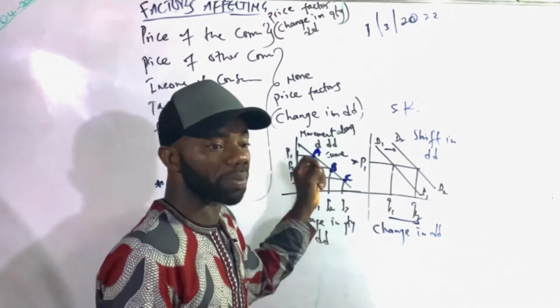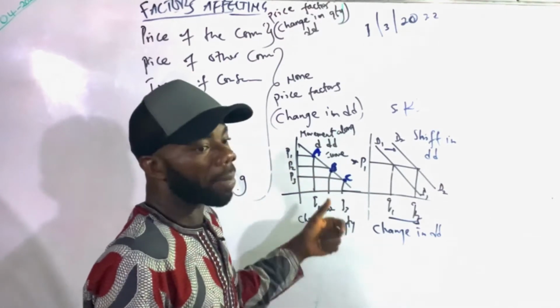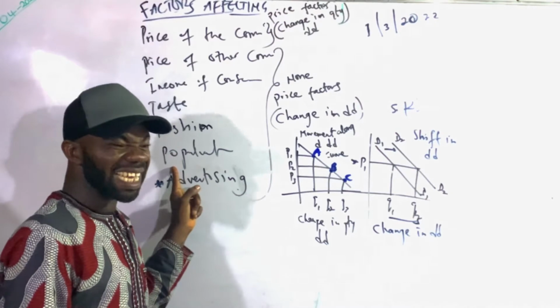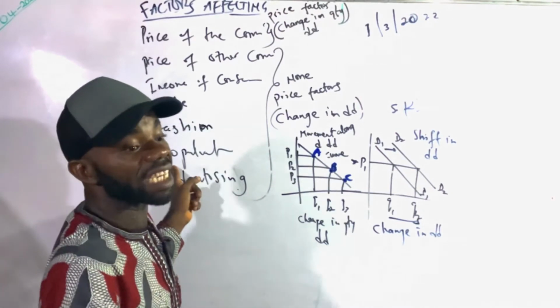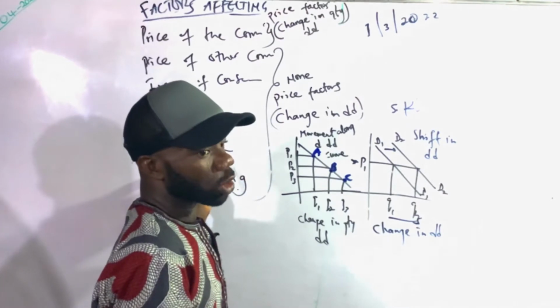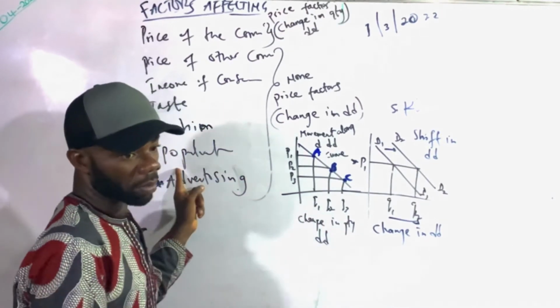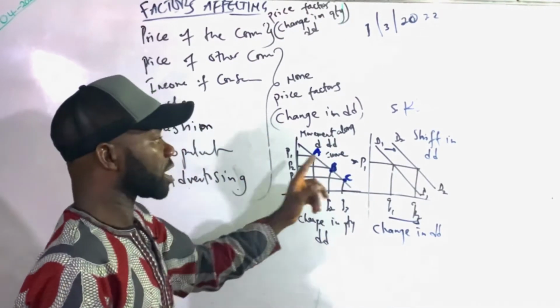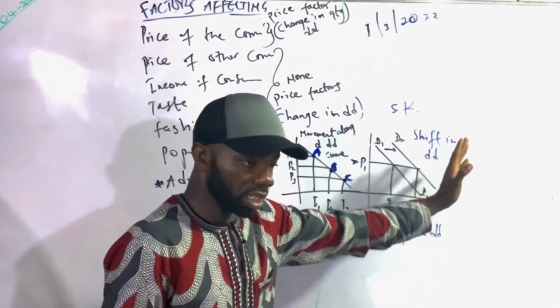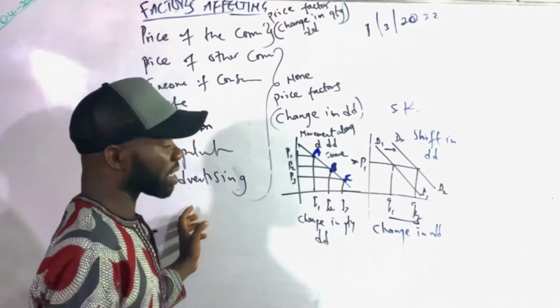Not because the price of Bibles has reduced, but because the population coming to patronize you has increased by you having a stand at the entrance to a church. So because this is not the price of the commodity, it falls under what? Change in quantity demanded, or rather shift in demand.